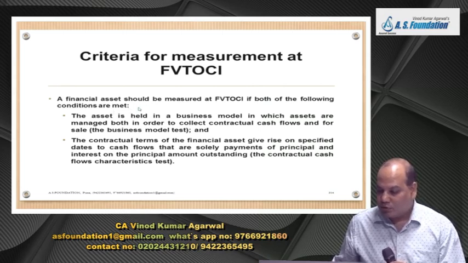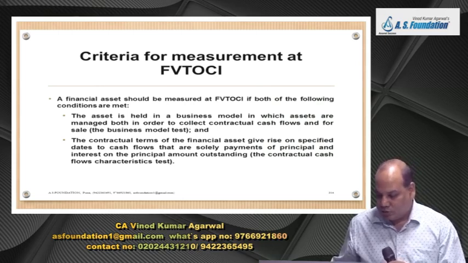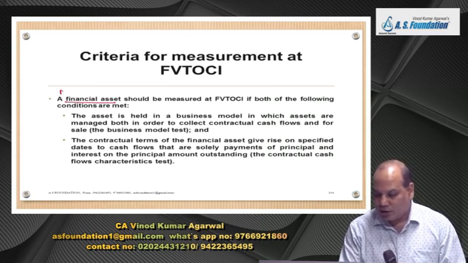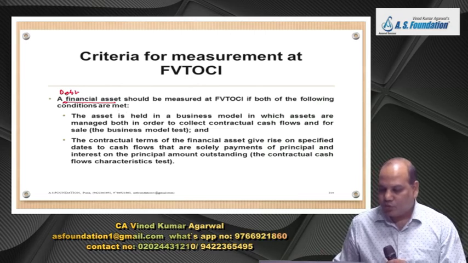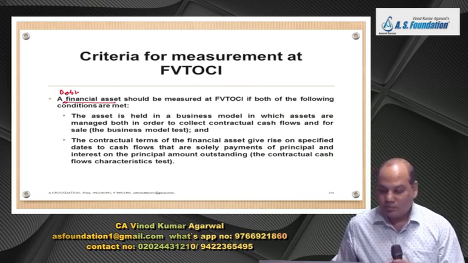A financial instrument or asset shall be measured at FVT OCI if both the following conditions are met. The asset is held in a business model. Now you need to make a small improvement in the answer. A debt financial asset should be measured at FVT OCI if the following conditions are met.